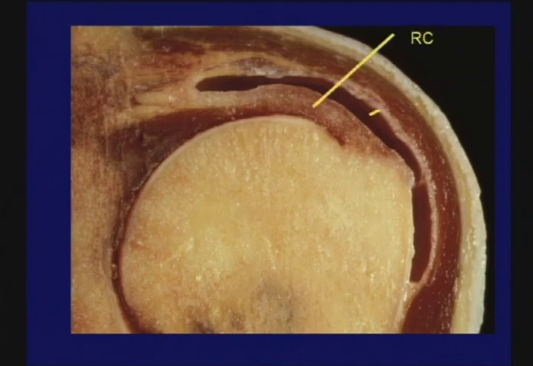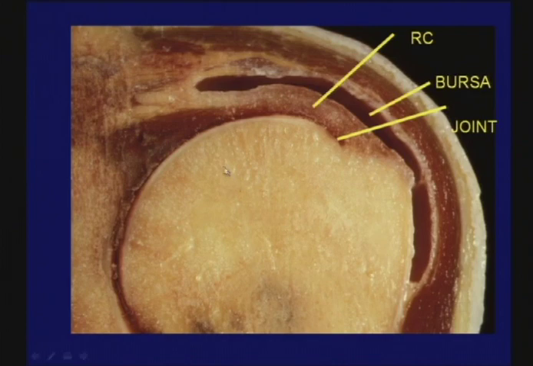The rotator cuff, when intact, separates the glenohumeral joint from a surrounding bursa, the subacromial subdeltoid bursa, which, as I mentioned, may communicate with the subcoracoid bursa. A full thickness tear of tendons of the rotator cuff, supraspinatus or infraspinatus, allow communication of the joint and the bursa.